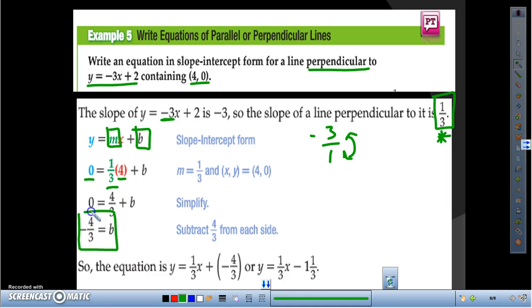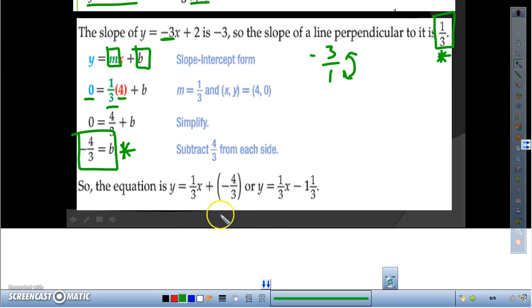So I've got my y-intercept here, and I've got my slope here, and now I can plug those in where they go into the general form, y equals mx plus b. You can have a mixed number, or you can have an improper fraction. I would actually prefer the improper fraction, and I would also prefer that we write it as subtraction instead of plus a negative. Okay, so y equals 1/3 x minus 4/3.